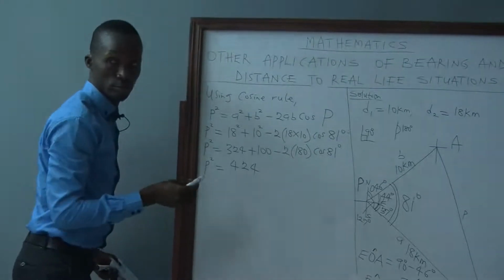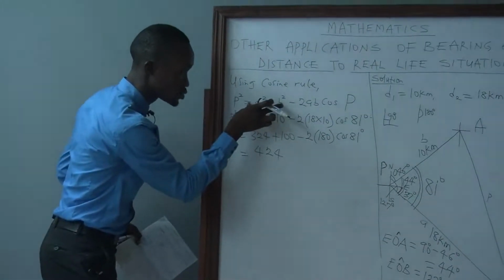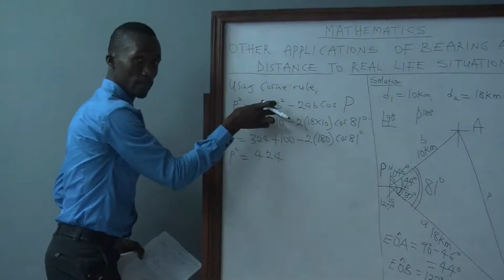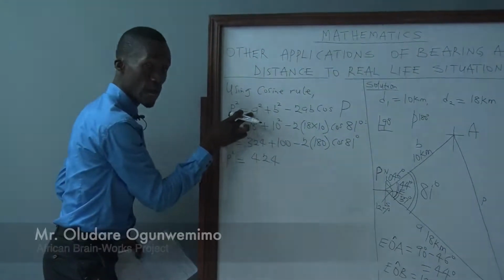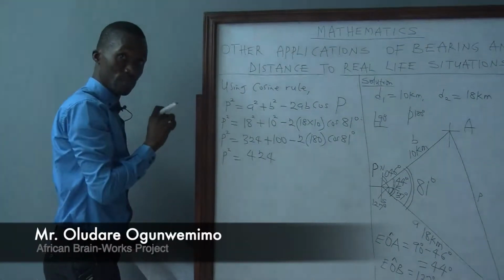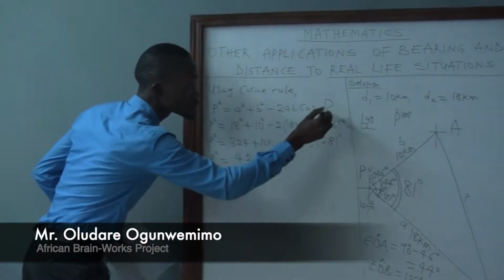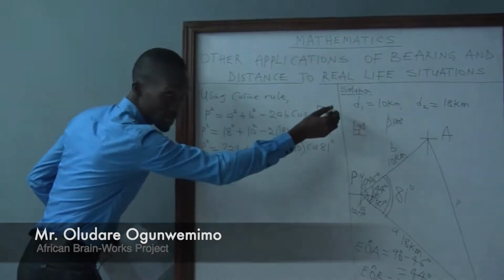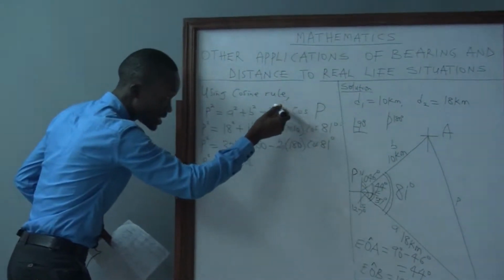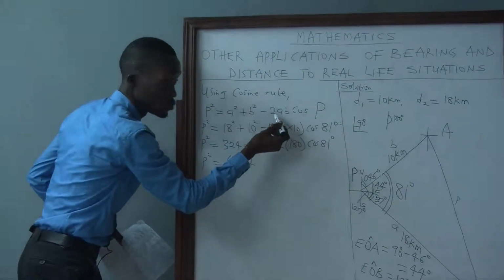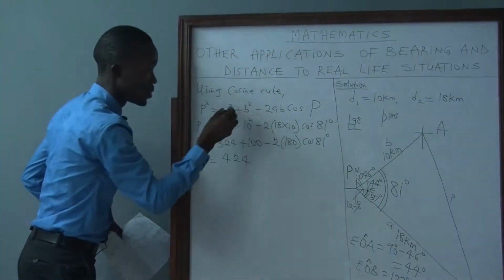When we are using cosine rule, these two, A square and B square, they are together. We get the value of A square and we add it to B square. We keep the result. Now this one, 2AB cos P, we also treat them together. So after getting a value for this, we now remove from what we have there.